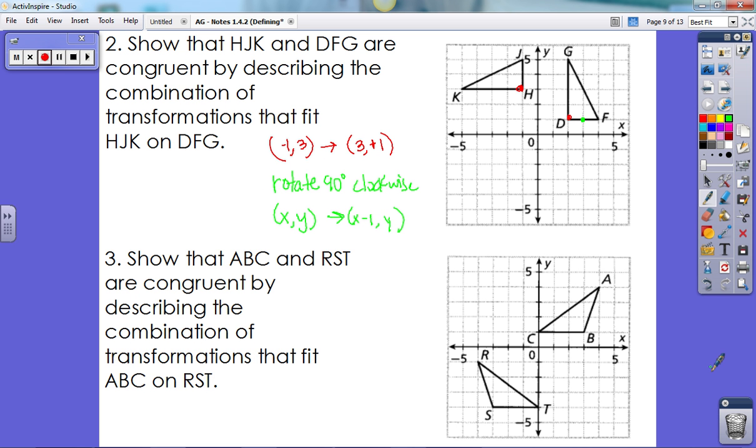I'm going to show that ABC and RST are congruent by describing the combinations of transformations. Again, in this case, it looks as though I need to reflect it. If I reflect over the y-axis, which is x equals 0, then that would put me 1, 2, 3, 1, 2, 3, here.